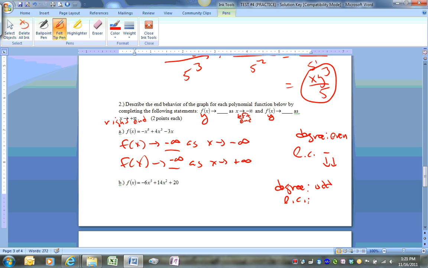The leading coefficient is still negative. That means that we expect the arrows to be up then down. They've got to go in opposite directions because the negative leading coefficient is always going to be, it's like it's going downhill.